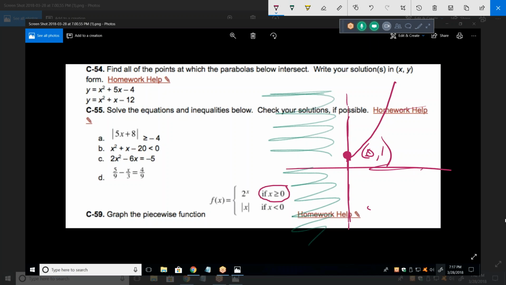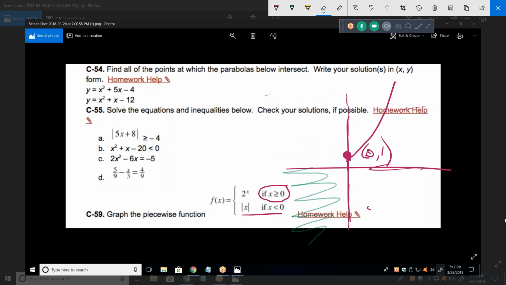Now let's go down to the next one. When x is less than 0, we're in the green domain. Well, let's erase that green domain, but that's where we're going to plot this function. What does this function look like?